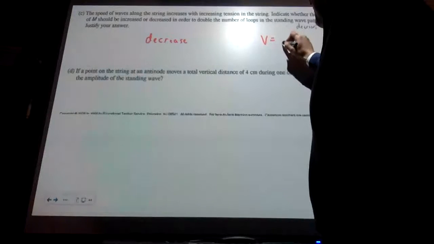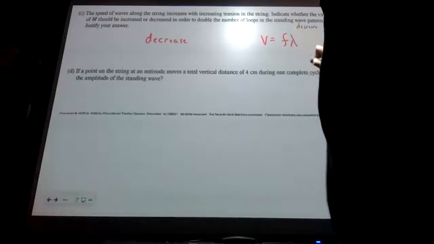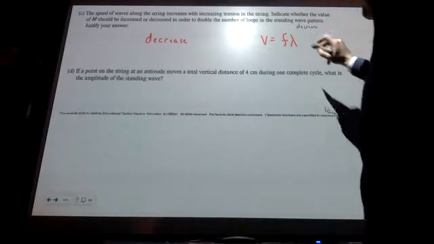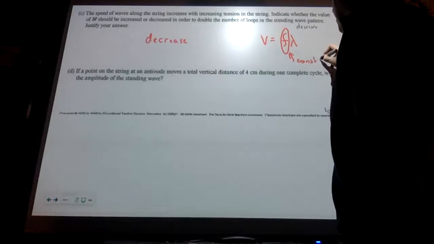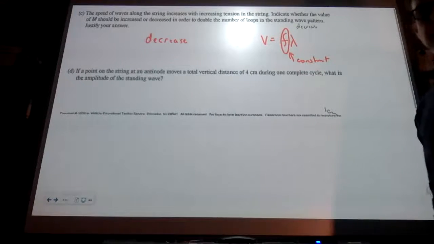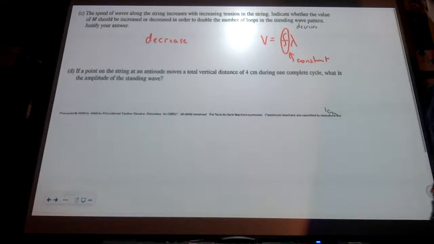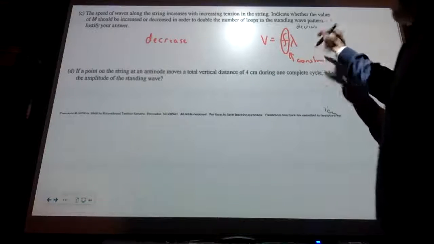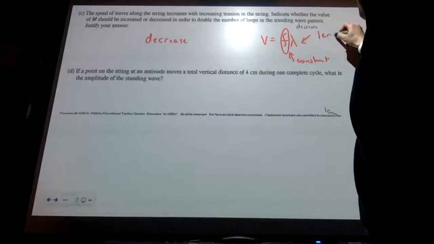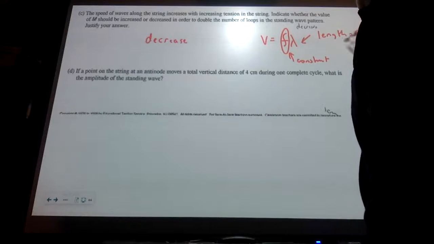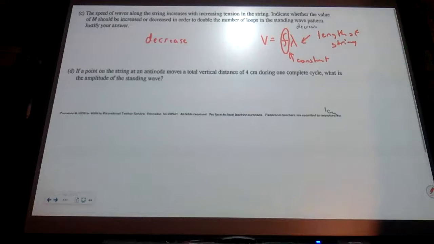So my velocity is equal to my frequency times my wavelength. That's constant. That's the tuning fork, right? The wavelength is dictated by increments of the length of string.